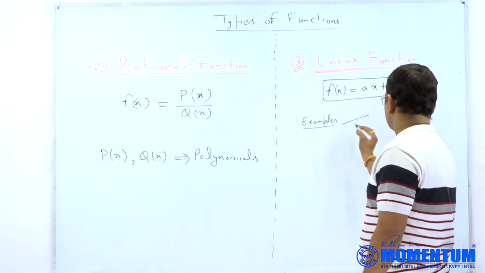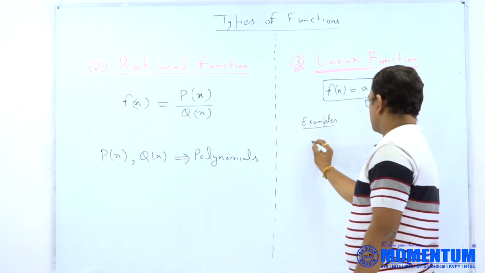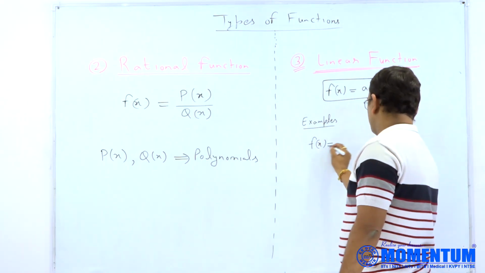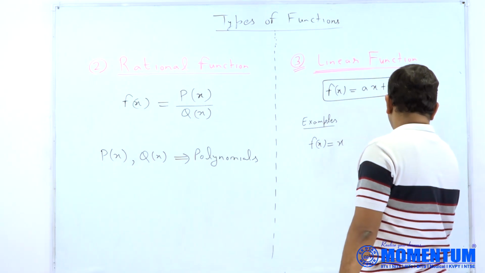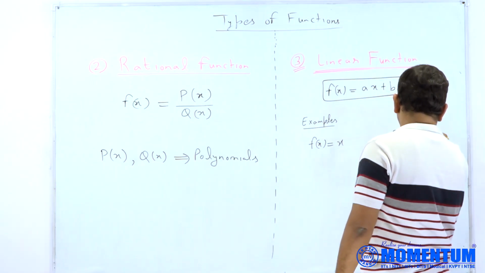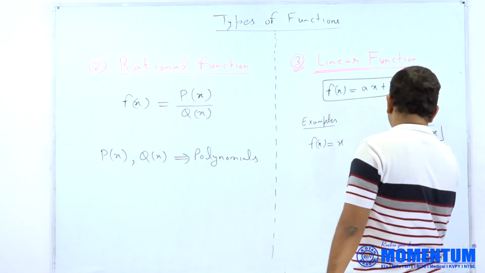Examples: f of x is equal to x, f of x is equal to minus x.